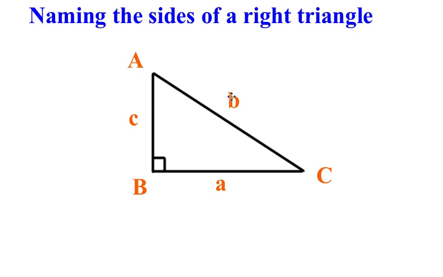So it's a little bit different, but not too much different, when you're talking about angles and their opposite and adjacent sides. So when you're looking at an angle, like let's say we're looking at angle A right here, we want to be able to identify what the opposite side is. Well, just like if we were naming it, it would be little a, in this case this side here.